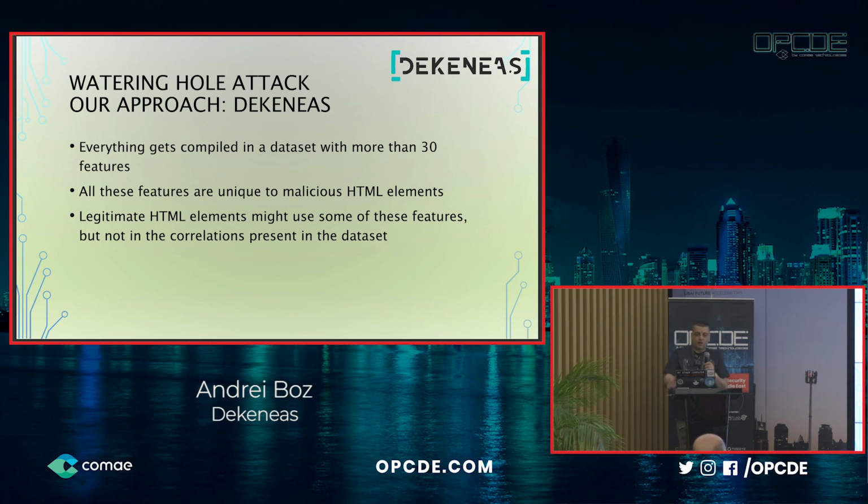For instance, there might be some legitimate scripts that perform obfuscation, for instance, in the contact pages or something like this, but the length of the decoded string is not as large as it is in the case of a watering hole attack.